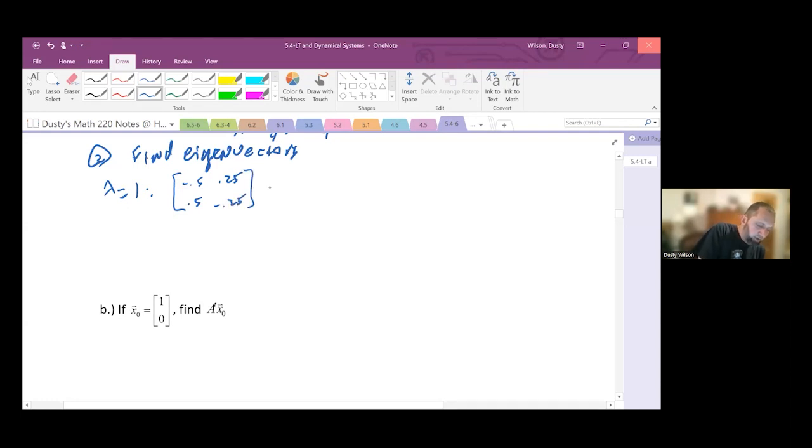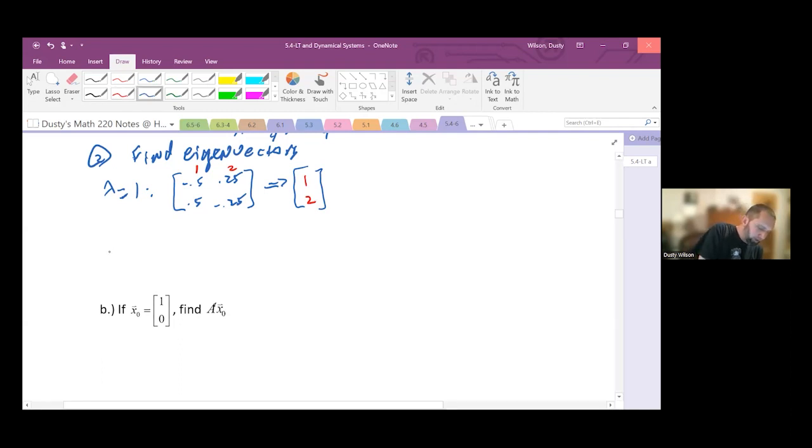You can notice here that if you had 1 of the first column and 2 of the second column, the linear combination would be 0. So that tells us that our first eigenvector will be (1, 2).